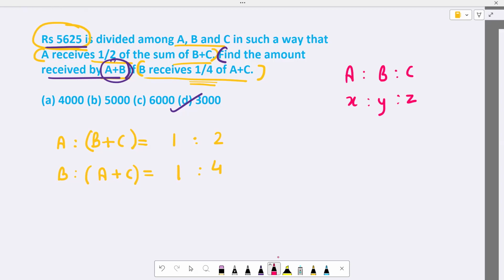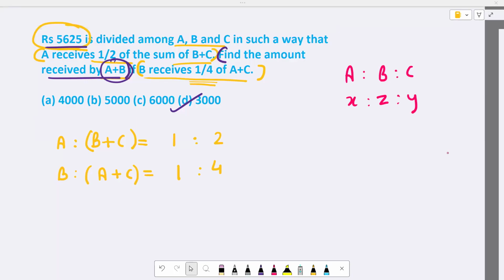Now one equation says that X plus Y, or perhaps we can just take the particular ratios. We can let the ratio of A, B, and C be X, Y, and Z respectively.